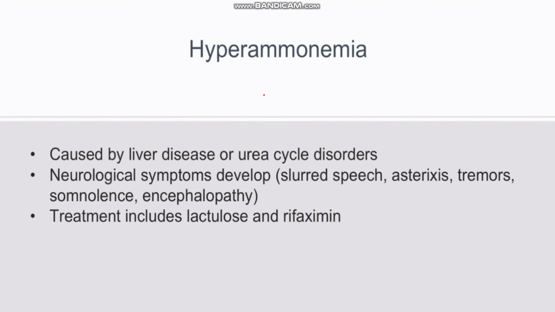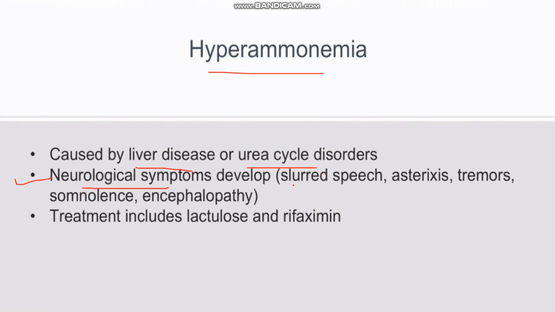As we know, the urea cycle happens in the liver. So any liver disease or urea cycle defect can cause hyperammonemia, because ammonia will not convert into urea, so it will accumulate. The common manifestation of hyperammonemia is neurological symptoms or deficits.